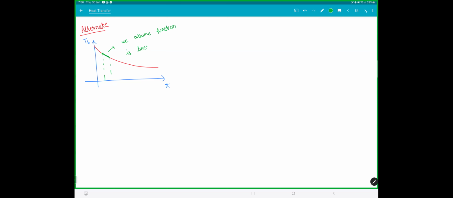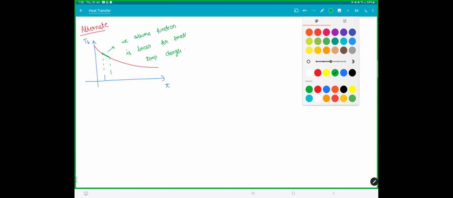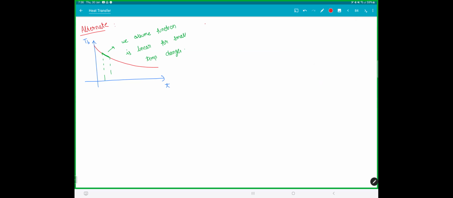Function is linear for small temperature change. It does give you a decent answer with a very small error, but the temperature change should be small. So we can use the average method. So this is the alternative. So we use the average temperature for a body.